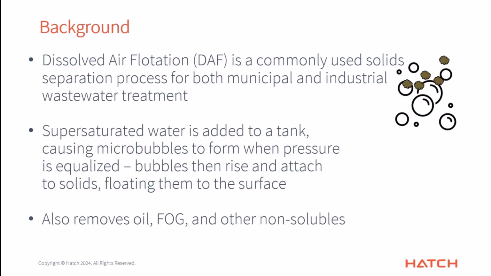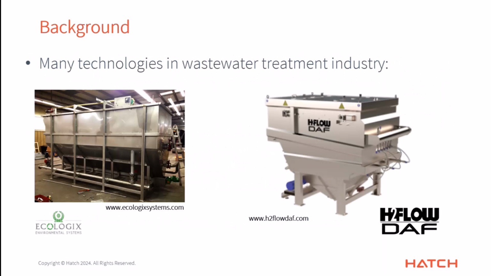And then usually there's some sort of conveyor or scraper that will move and take along those floated solids and remove them from the surface. Now, this is used in a couple of different contexts. You can use it for removing solids. You can use it for removing oil or fat, oil, and grease, and other types of non-solubles. There's lots of different applications of this type of technology. Now, I wanted to go through and highlight the practical applications, talk about some of the technologies.